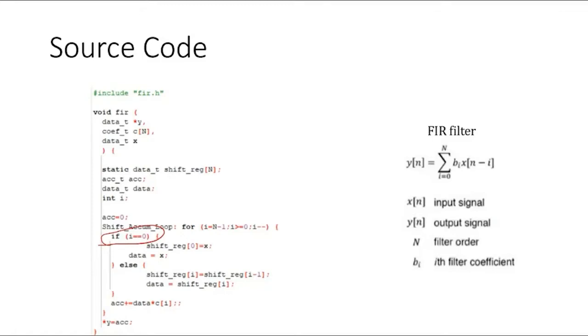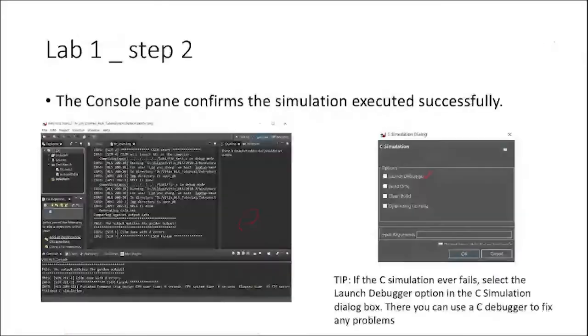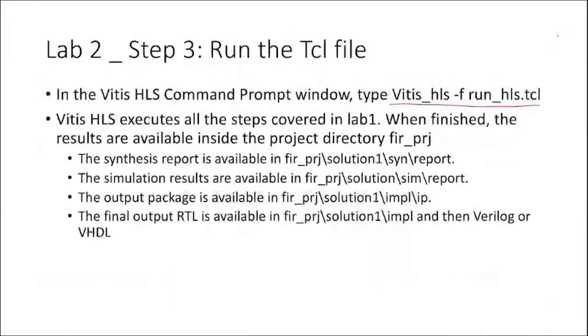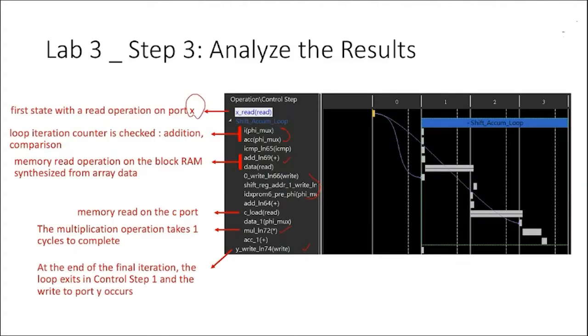The conditional statement inside the loop, what's the effect? Let's see. So first, you do the unroll, right? Okay. Do you separate the shift part and the next part?